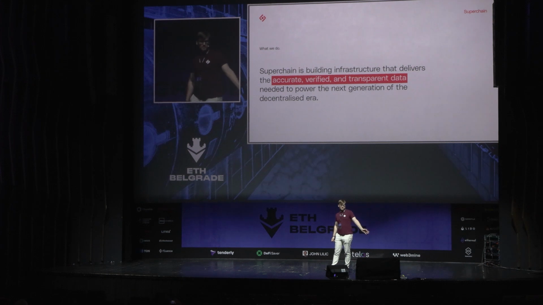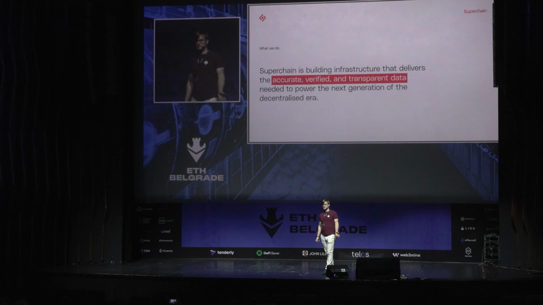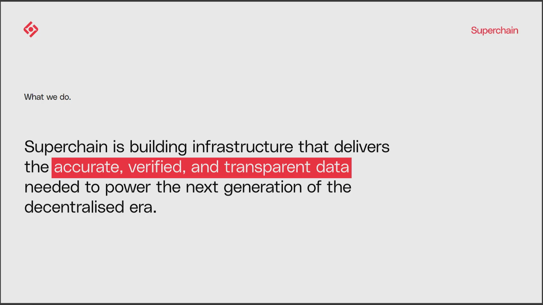So what we do, very briefly, is we're building this verified and transparent data to try and address this. But we don't want to just be on our own. We want to have everyone else help and build more decentralized applications. We don't want to be the only ones trying to build data infrastructure or infrastructure for supporting dApps. We need way more stuff than this. We need user experience, UI frameworks, ways to submit on RPC in decentralized ways.